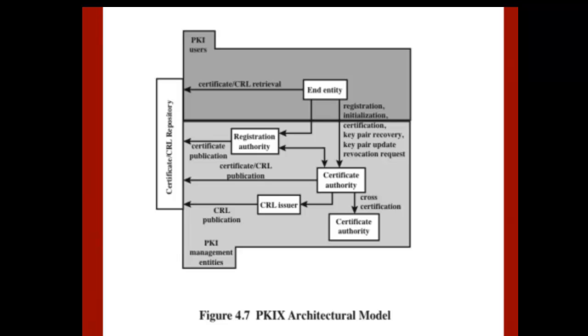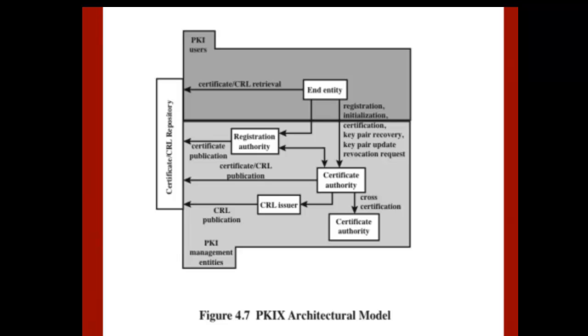Certification authority, CA, that's the issuer of the certificates and usually certificate revocation lists. It may also support a variety of administrative functions, although these are often delegated to one or more registration authorities. And there's registration authorities, RAs, an optional component that can assume a number of administrative functions from the CA.